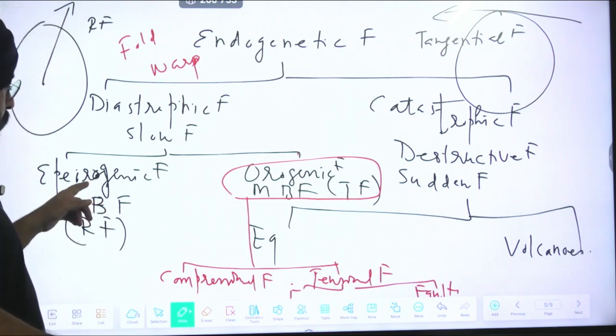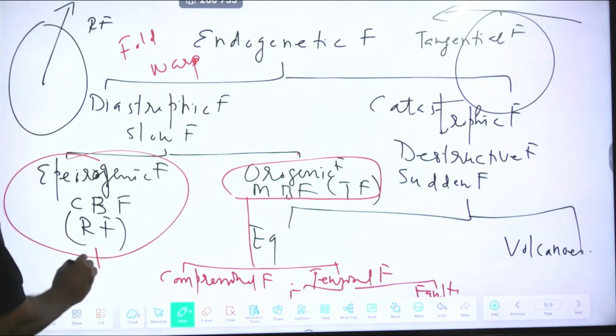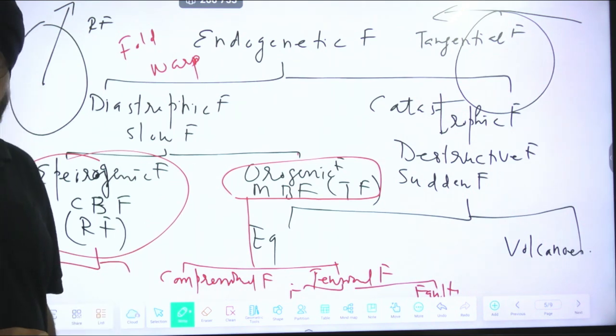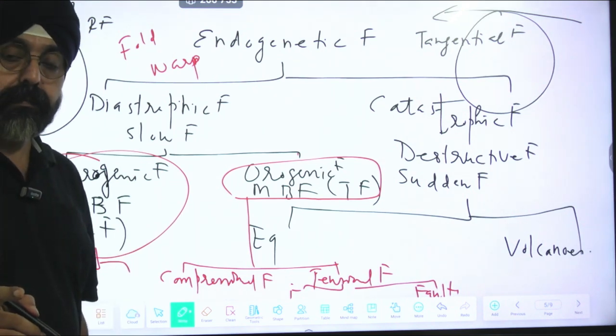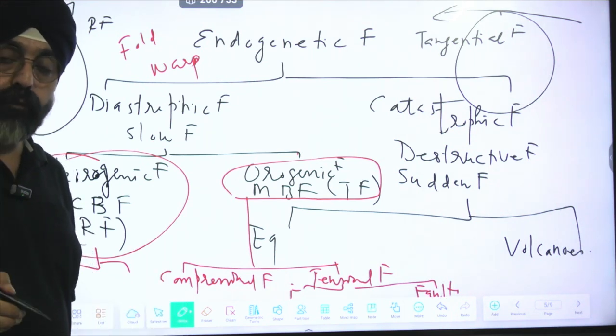Now we come to the epeirogenic forces, the continental building forces, into 2 parts. Just the last part of the diagram: upward movement, upward epeirogenic forces, and the second is downward movements.